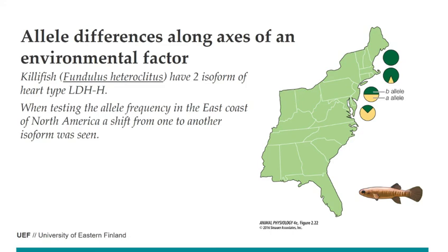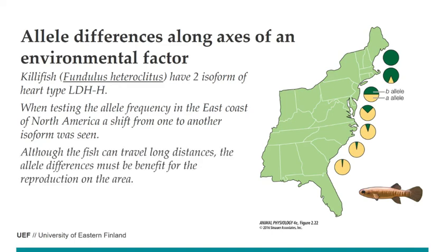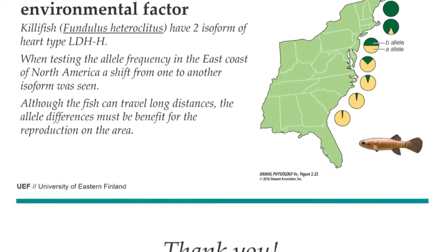So somewhere, it's 50-50 chance to have B-type or A-type. But then going north, everybody has B-type. Then going south, everybody has A-type. And of course, these animals can travel long distances, but still these allele differences are so huge. So there must be some benefit for the reproduction in the area.